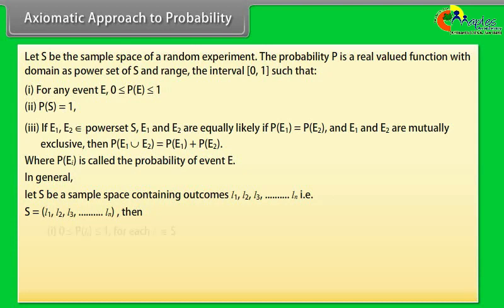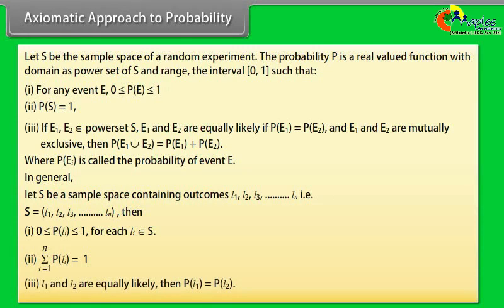Then 1. 0 less than or equal to P(Li) less than or equal to 1 for each Li belonging to S. 2. Summation of i equal to 1 to n of probability of Li is equal to 1. 3. If L1 and L2 are equally likely, then P(L1) is equal to P(L2).